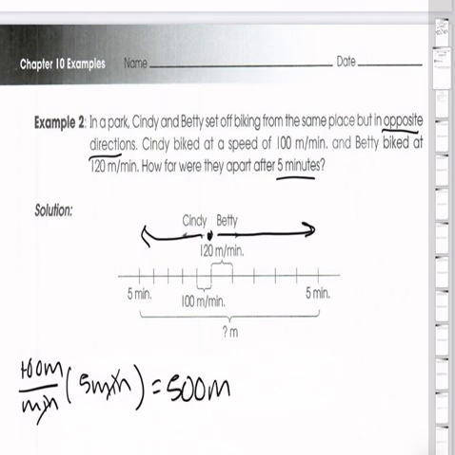And Betty biked at 120 meters per minute for 5 minutes. So she went 600 meters. So if Cindy went 500 meters this way, and Betty went 600 meters the other way, then how far apart are they? Well, it's just 500 plus 600, so they were 1,100 meters apart.